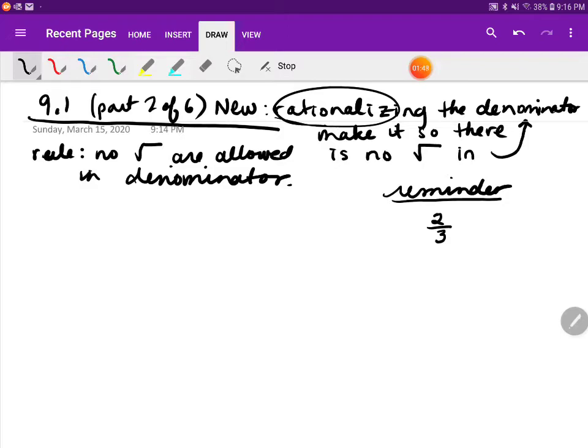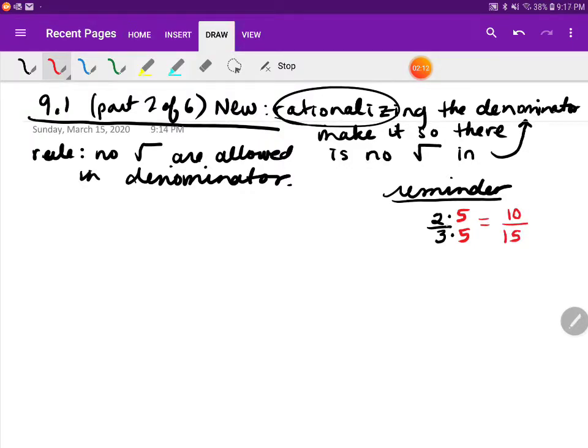Could you change this so the denominator had a different number? For example, if I chose to multiply the denominator by 5, do you remember what I also would have had to do? I'd also have to multiply the numerator by 5, which in this case would be 10 over 15.